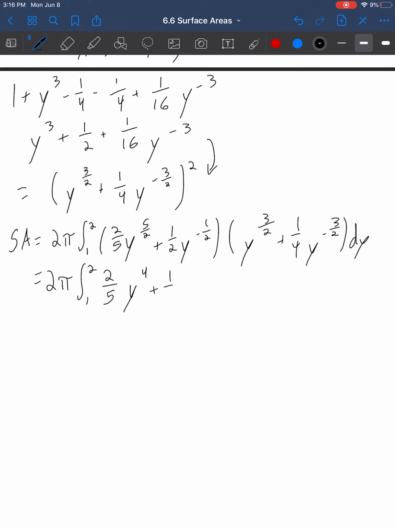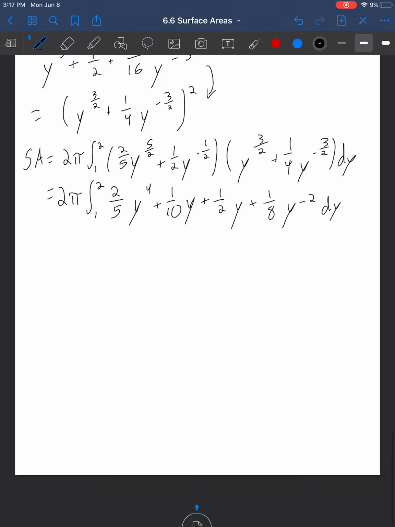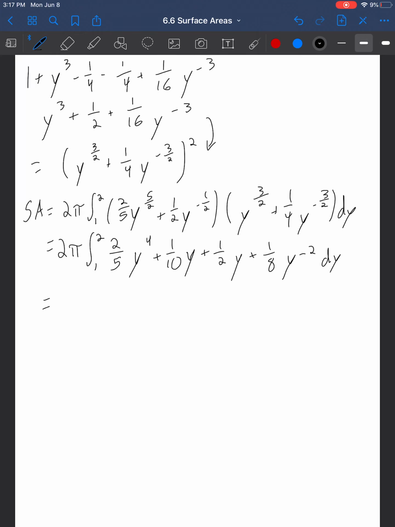The outside term will leave me with a 1/10, and I have 5 halves minus 3 halves, or 1. So this is 1/10 y. The inside terms are going to leave me with a 1/2 y as well. And finally, the last term is going to leave me plus 1/8 y to the negative second, from negative 1/2 plus negative 3 halves, dy.